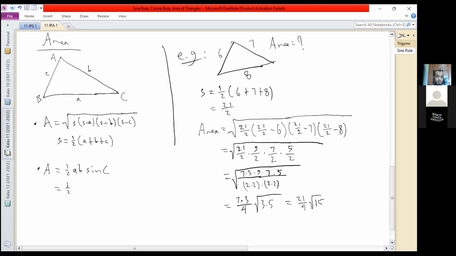So two sides, the product of two sides times the sine of the angle between these two sides. So A times B times sine of C, for example. The other two will be BC sine A, or AC sine B.